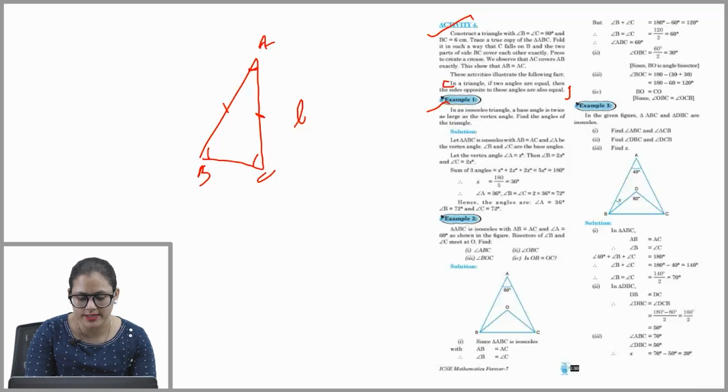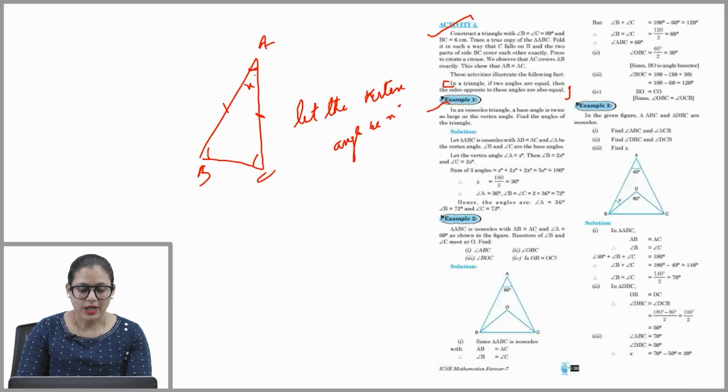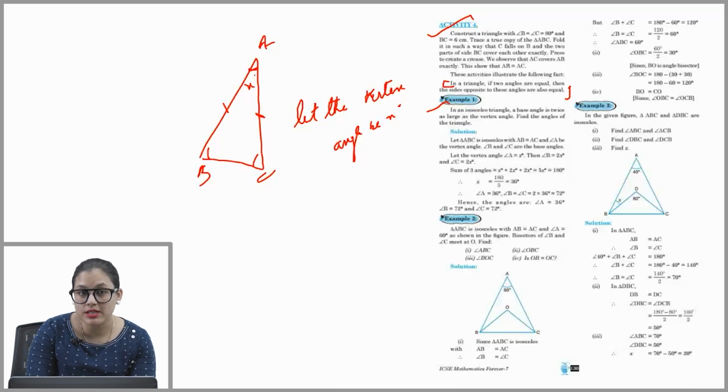So, let the vertex angle be x degrees. That means this is x degrees. Now the base angle is twice as large as the vertex angle. That means 2x. This is also 2x degrees.